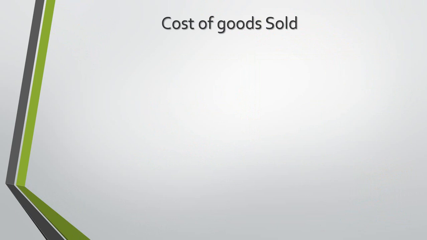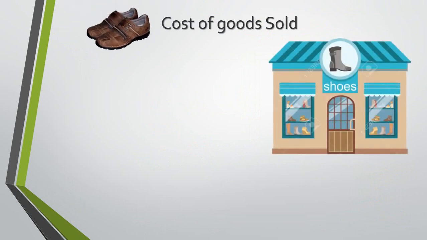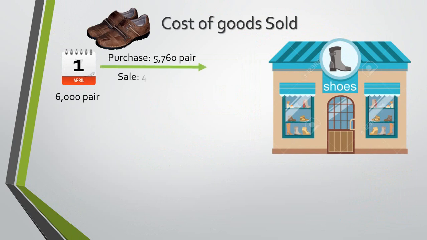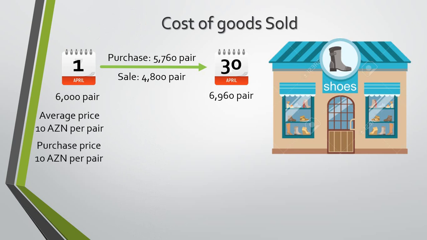Suppose that we have a shoe business. At the beginning of the period, the business has 6,000 pairs of shoes in stores. During the period, the business purchased 5,760 pairs of shoes and sold 4,800 shoes. To do the calculation, we can say that there should be 6,960 shoes at the end of the reporting period.